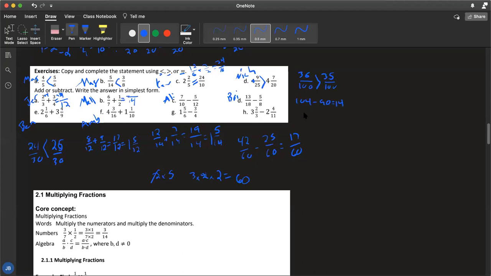And 104 out of 144 minus 90 out of 144 equals 14 out of 144. Also equals 7 out of 72. Okay, and then got 7 out of, what was it? 72. Perfect.